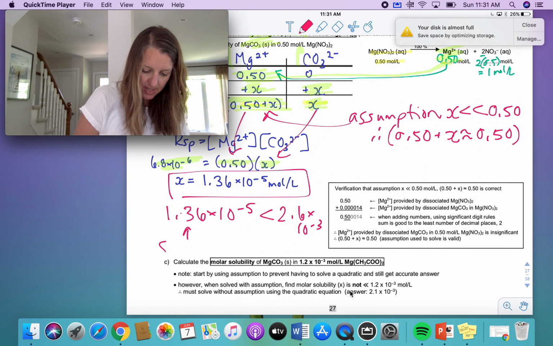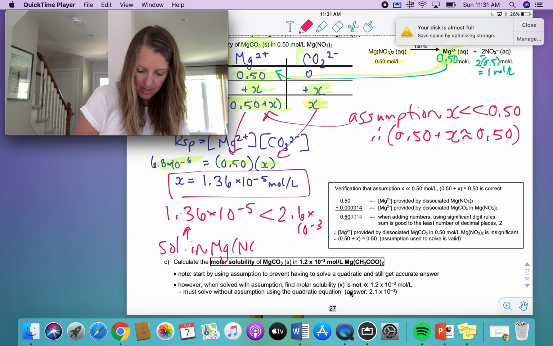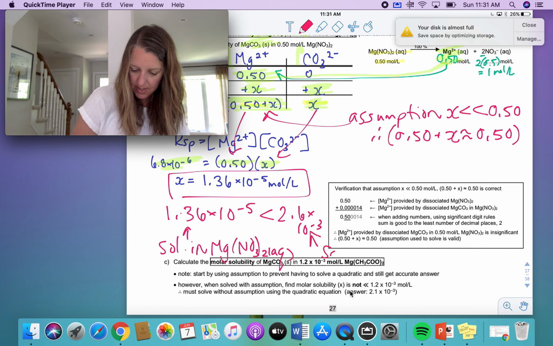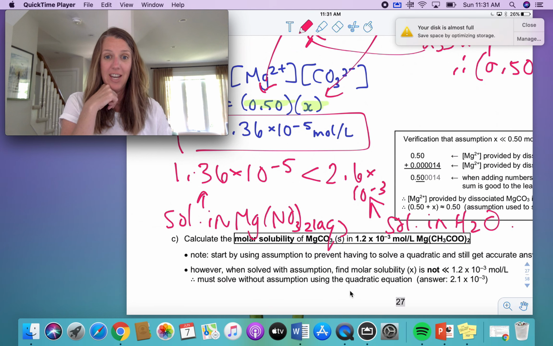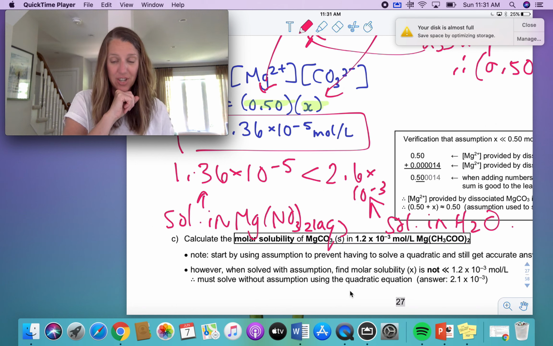This was the solubility in magnesium nitrate, and this was the solubility in water. And what did we find? We certainly found that if there's an ion already there, then you can dissolve less than you could if you were calculating the solubility in water.